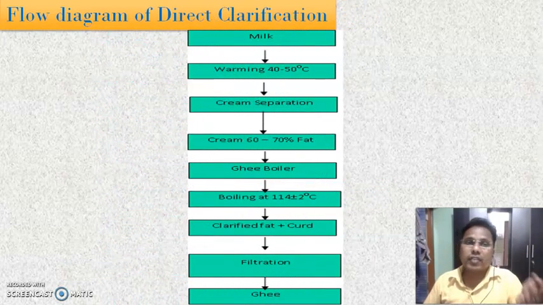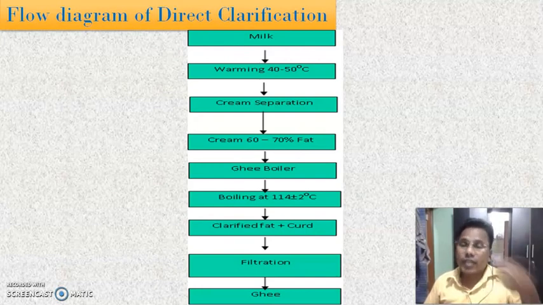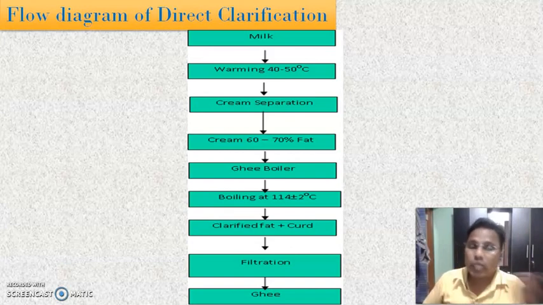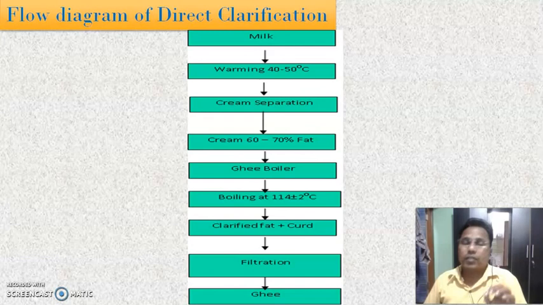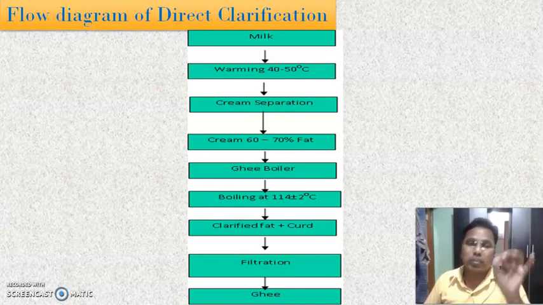Whereas here in this method, milk is taken, cream is separated, that cream is directly taken into a ghee boiler and that cream is converted to ghee. So this is the little bit of difference. Just keep in mind the difference between both methods, the direct clarification and creamery methods. So it will become very easy to understand both the methods.